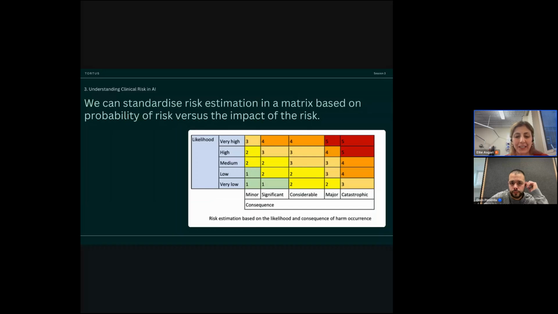Even in the general population, I discuss with patients, if I want to do a kidney biopsy, say there's a 1 in 100 chance they need a blood transfusion. Some people find that really shocking. Some people find that it's fine. So it's really interesting. But essentially, that's one of the key ways, the matrix test that we use to estimate risk based on the likelihood and consequence.